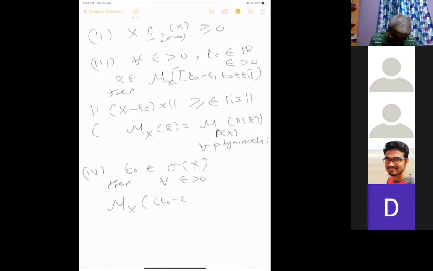Okay, so let's see. A single point will matter, so you should be careful about this. This is not equal to 0.